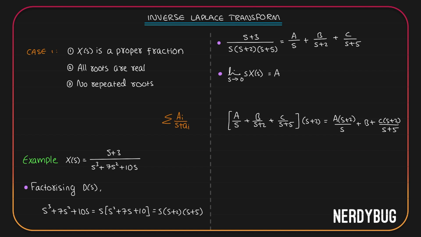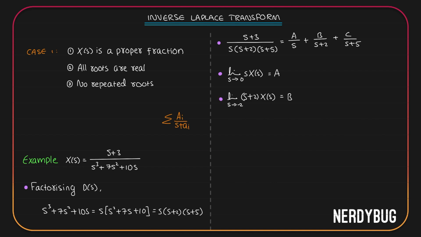Now I am going to give s a value: s is equal to minus 2. If s is minus 2, then s plus 2 over here will become 0, and s plus 2 over here will also become 0. So what we get is A into 0, 0, plus B, plus C into 0, 0. That is, if you take X(s), multiply it with s plus 2, then apply the limit s tends to minus 2, giving the value minus 2 to s, you will get B.